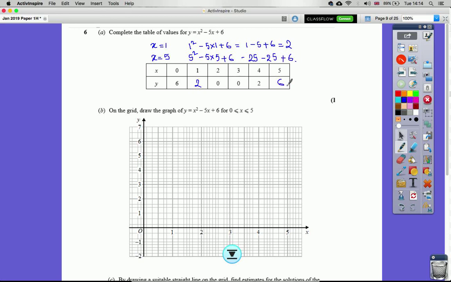So you get 6. So we're going to plot these points in this graph. So 0, 6, which is here, 1 and 2, 2 and 0, 3 and 0, 4 and 2, and 5 and 6.